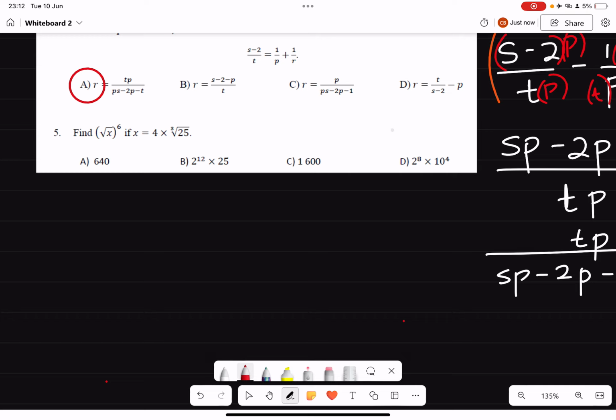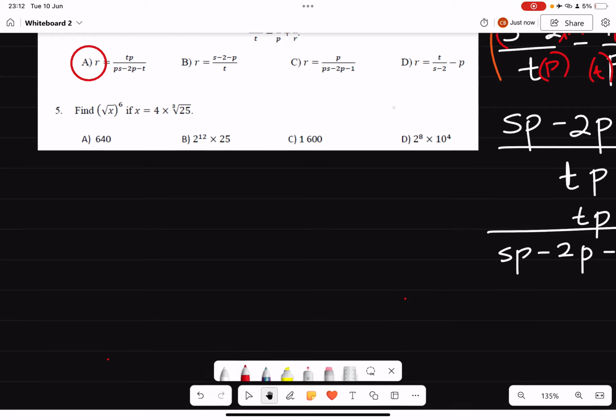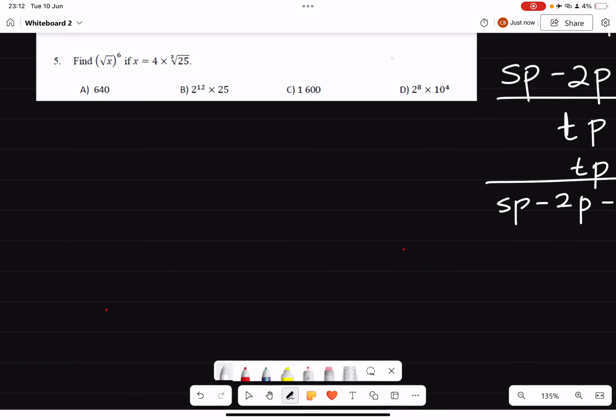Ready? And then now let's do the last part of this question. All right. So on question 5, we are asked to find the value of this. Let me use the red color for this.